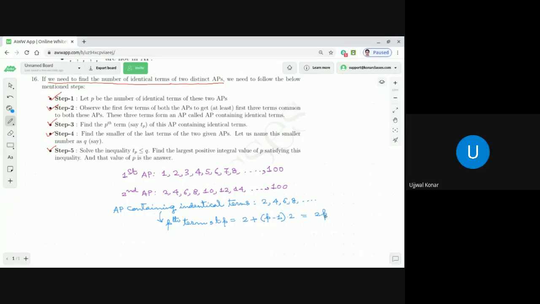Now what is Q? What is the value of Q, dear students? 100. Very good. Because Q is the smaller of the last terms of the given APs. So Q is equal to 100.